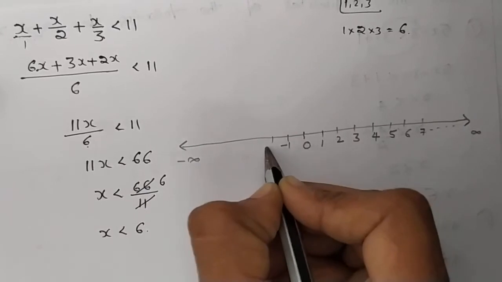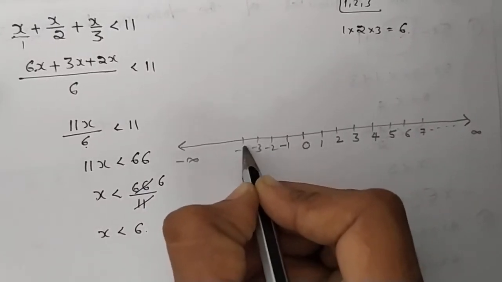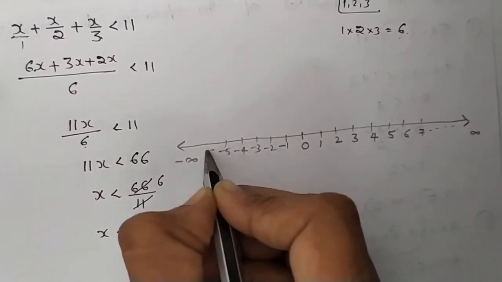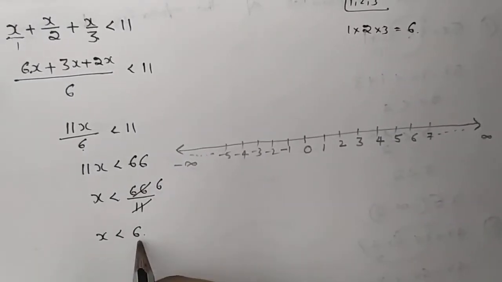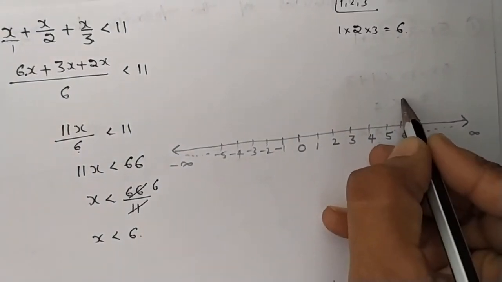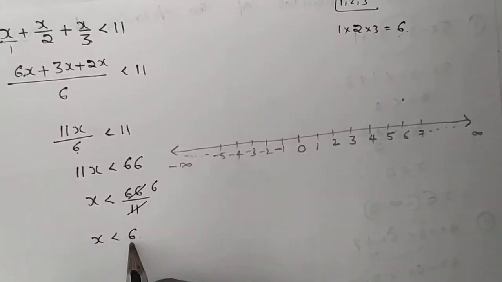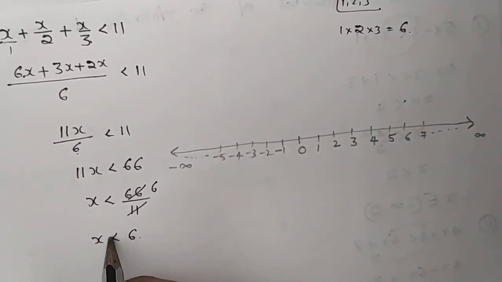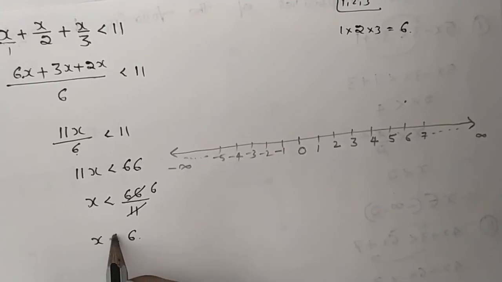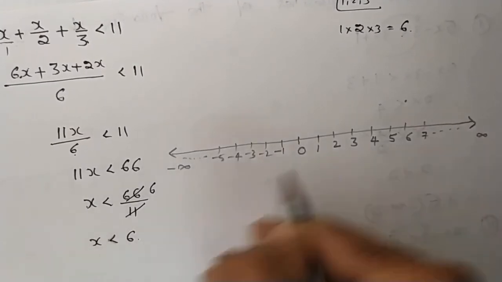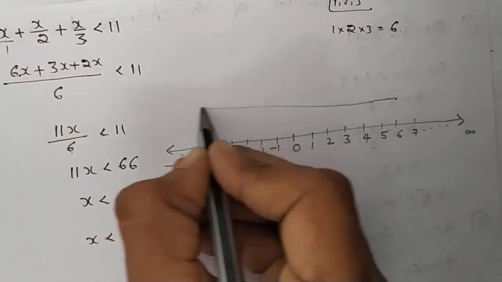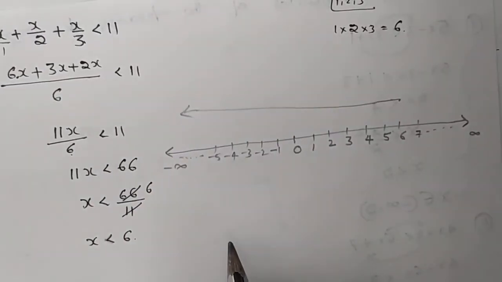Minus 1, minus 2, minus 3, minus 4, minus 5, minus 6, minus 7 and so on. Where will 6 come? Here it will be 6. X less than 6 is showing left to the 6.